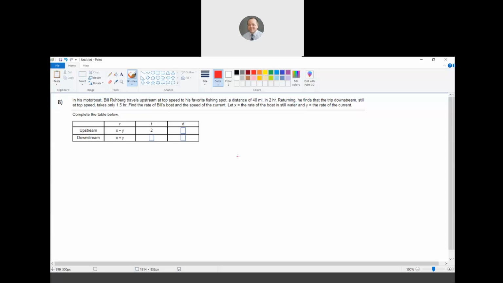That means he's losing or subtracting speed. Downstream is the expression x plus y. And since Bill is going downstream with the current, he's adding or gaining speed. So that's why it's plus y there.